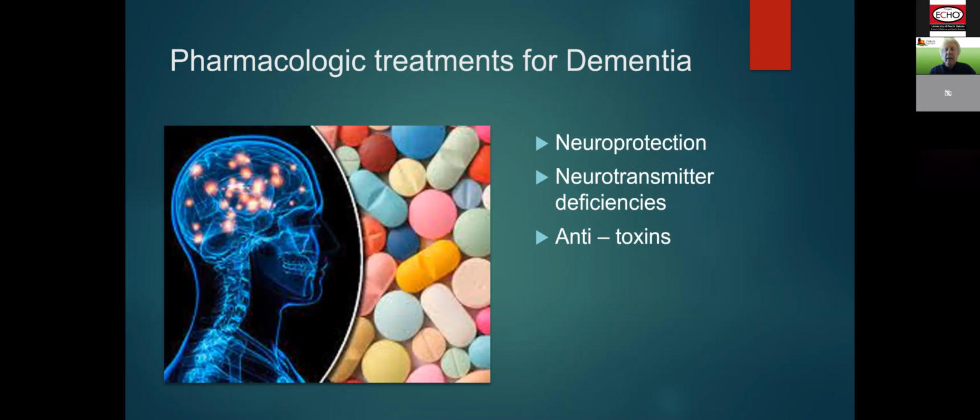So the approach towards pharmacologic treatments of dementia looks at the question of neuroprotection. A lot of the studies, like Parkinson's, which is a dopaminergic deficiency, say let's give more dopamine back. And so too in Alzheimer's, they said there's not a lot of acetylcholine, so maybe we should try to ramp up that neurotransmitter. But there's new information and inclinations to try to deal with toxins.